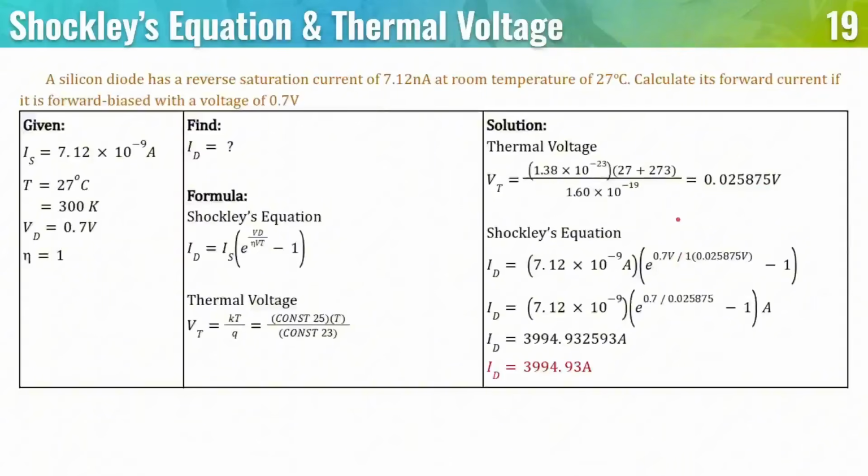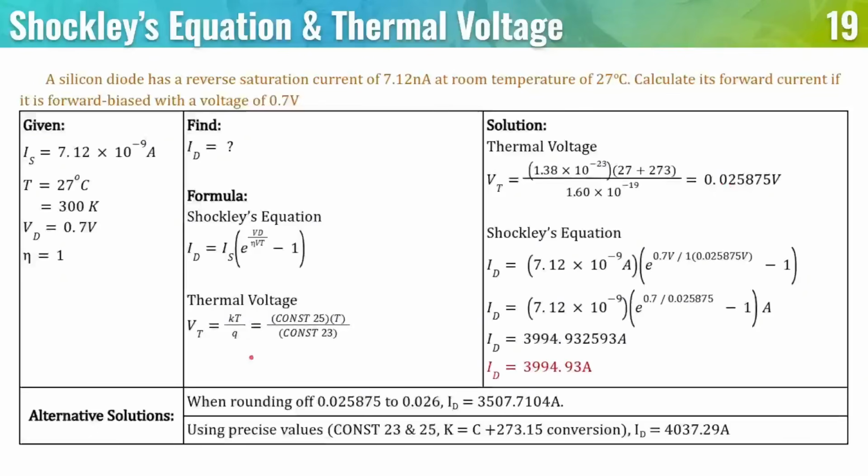So I sub D is equal to 7.12 times 10 raised to negative 9 amperes times e raised to 0.7 volts over 1 times the thermal voltage. Again, make sure that it's raised to, not multiplied. Canceling out these units, we have the final unit in amperes, and then we have 3994.93 amperes as the final answer if we computed it this way.